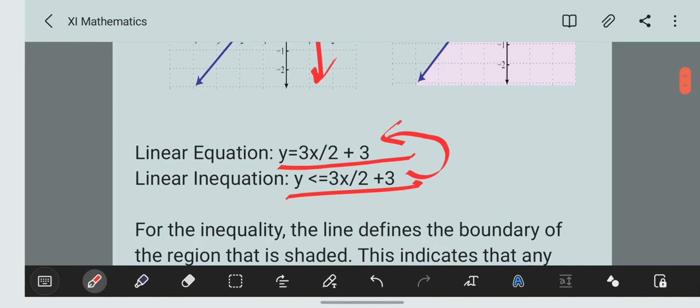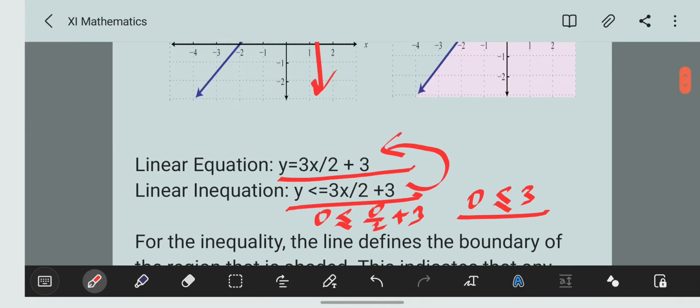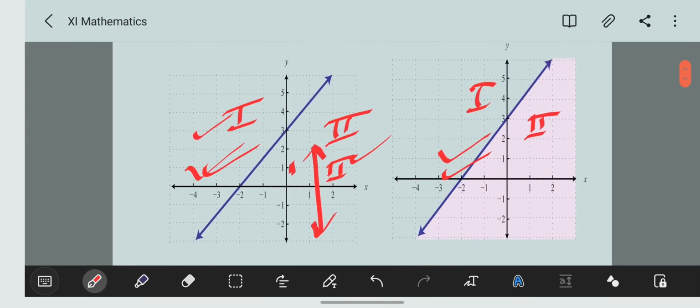If I place 0, 0 as the ordered pair for x and y, we get 0 less than or equal to 0 by 2 plus 3, that becomes 0 is less than or equal to 3. That means the ordered pair 0, 0 satisfies the given inequality. So the second region, which contains the origin, will be the shaded part.